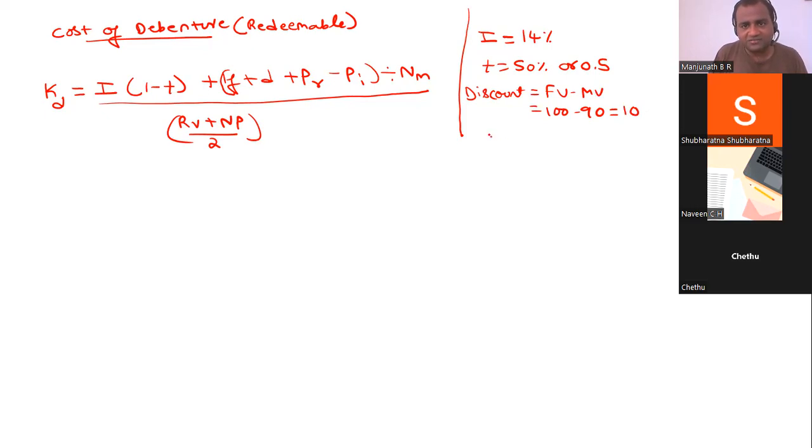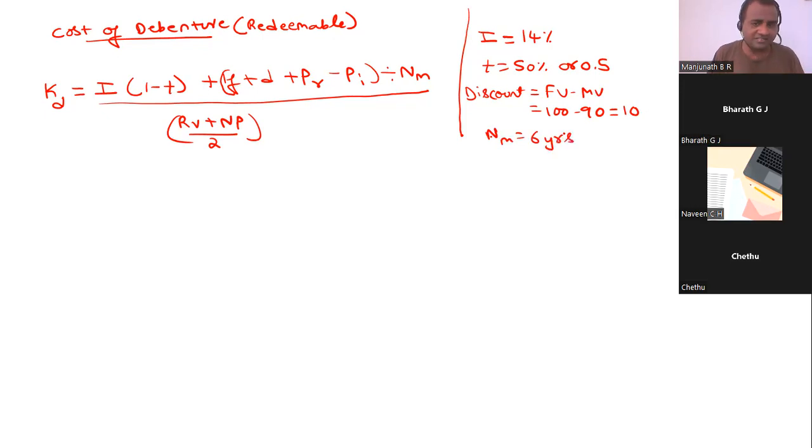Okay, now we shall write that N is equal to 6 years. It is there in the question. Even I am seeing the question paper. What is the value of RV? 100. Yes, redemption value rupees 100, and net proceeds is 100 minus 10, which is 90.